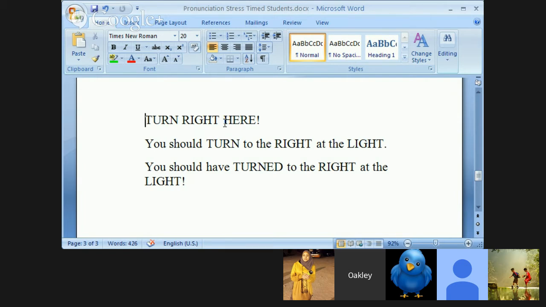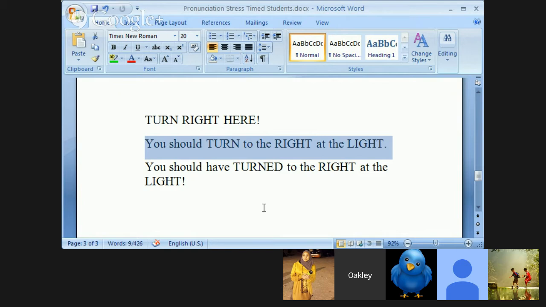Rhythm and intonation work hand in hand together. I'm going to use my intonation to support my rhythm, keeping up that up and down modulation. Turn right here. Okay, now the second one again.